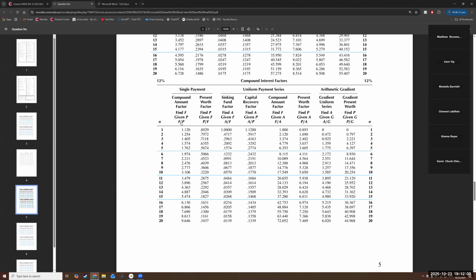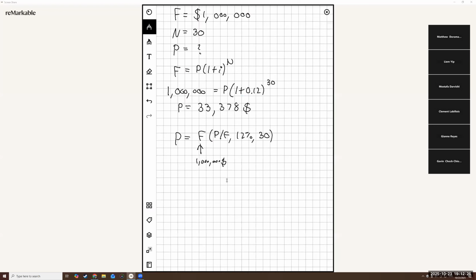So if you want to use P slash F as you did, this P slash F here, you would take this factor, which is approximately 0.1, and you would say that this here is equal to 0.1.